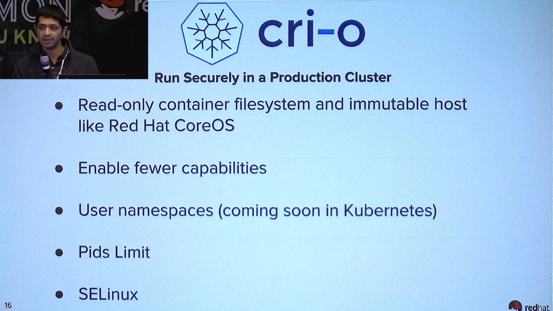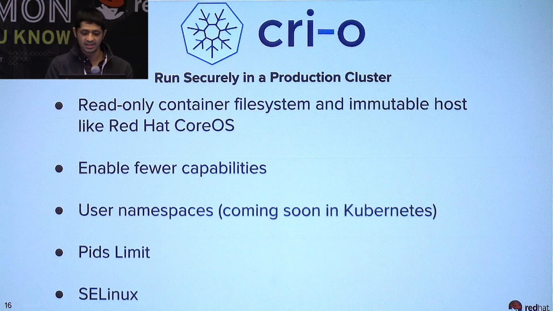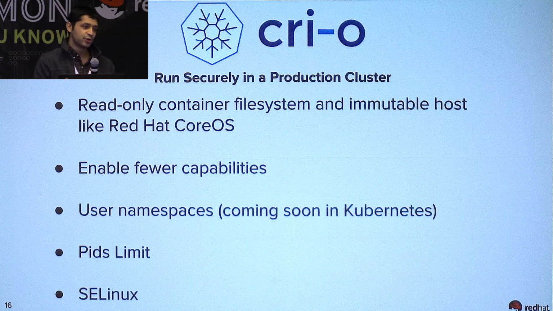Secondly, enable fewer capabilities. So while building and developing containers, you need more capabilities. But when running them in production, you don't need all those capabilities. So cri-o ships with fewer capabilities by default compared to like Podman or Builder or Docker or anything else you need for development. So third thing is user namespaces. So we have added support for user namespaces for cri-o.